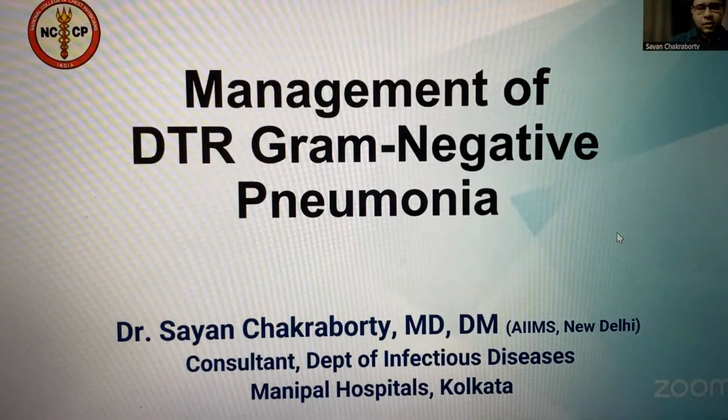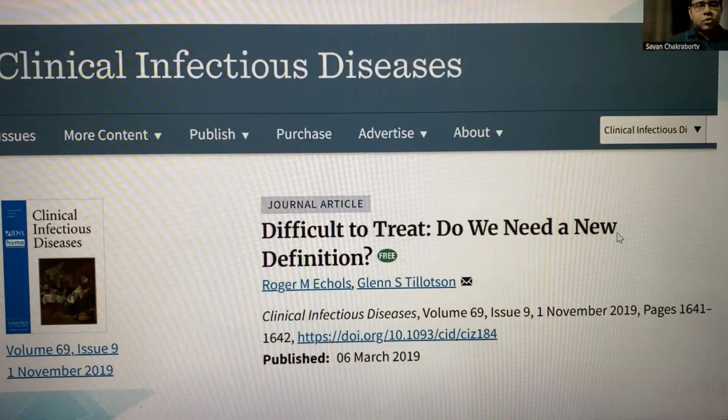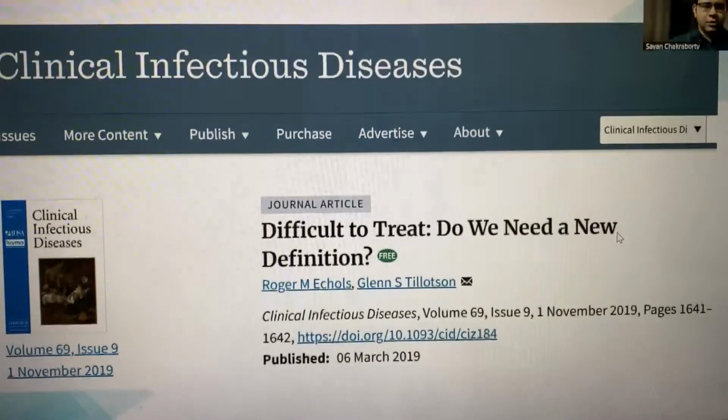Yes. Okay. So the topic of discussion will be management of DTR gram-negative pneumonia. Regarding difficult-to-treat, this is a new definition that is being used mostly for Pseudomonas infection. So what is actually this definition?